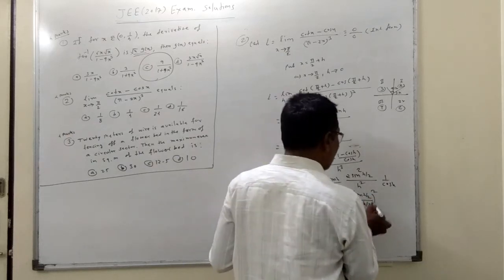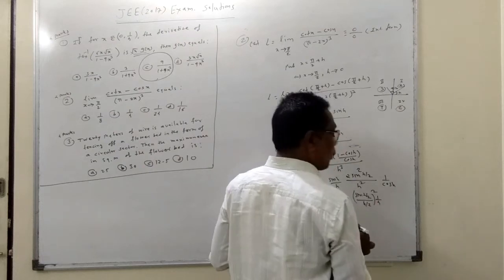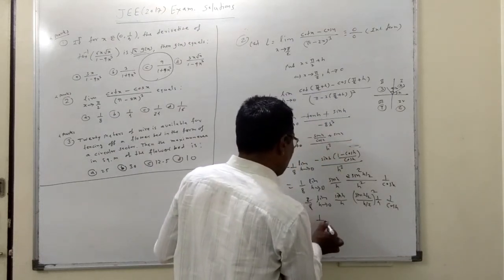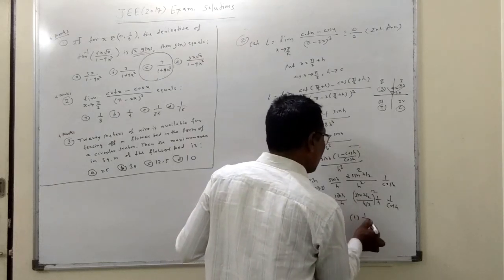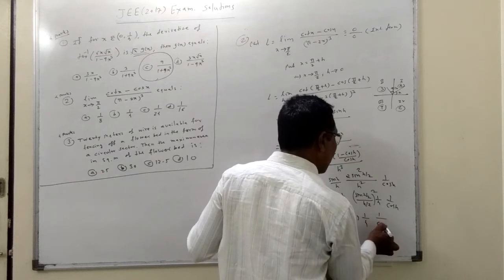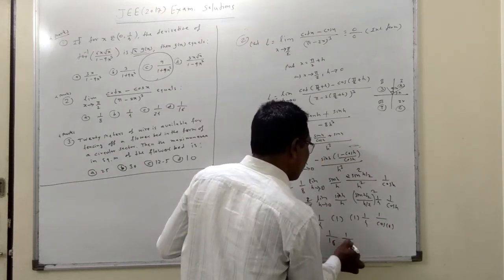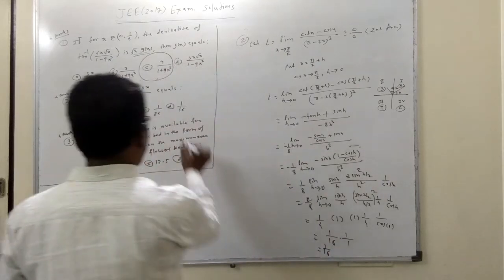Now here 2 square is 4, extra we have taken at the denominator, so multiply the denominator by 1 upon 4 and 1 upon cos h. So 2 upon 8 is 1 upon 4, this limit is 1 by formula. So 1 upon 4 and 1 upon, here direct method, cos 0. So that is equal to 1 upon 16, cos 0 is 1. So 1 upon 16 is the answer.